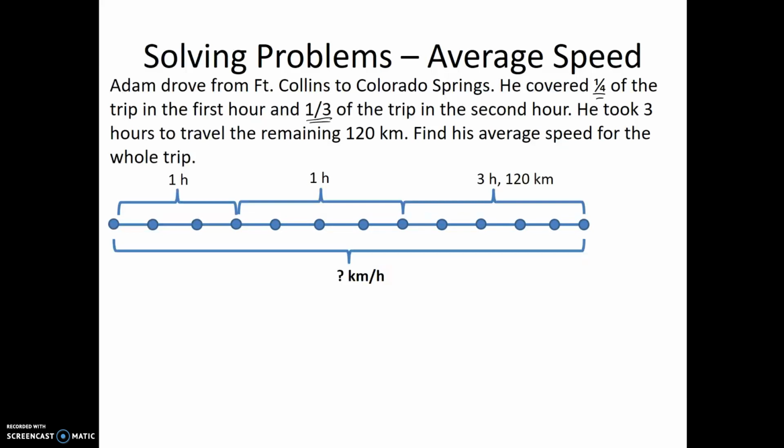The lowest common denominator between 1/4 and 1/3 is going to be 12ths. Your model is already divided into 12 parts, which makes it easy. But if you're ever not sure, you can multiply those denominators, and that will give you a common denominator. It might not be the lowest, but it will give you a place to start.